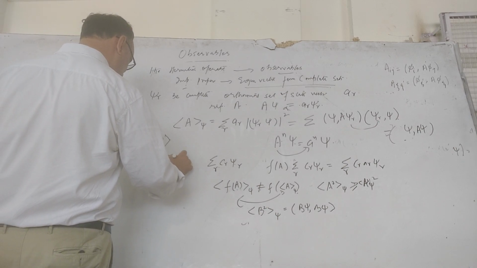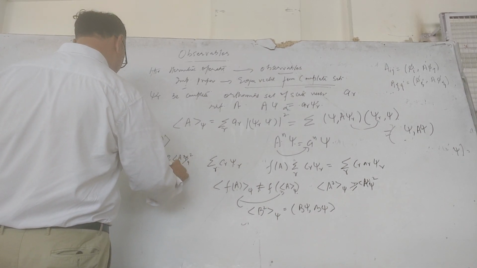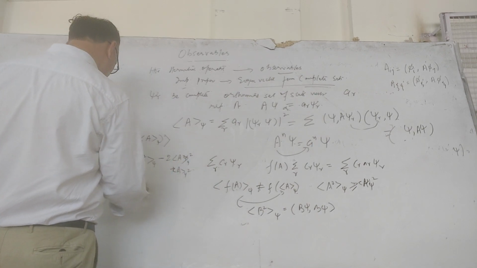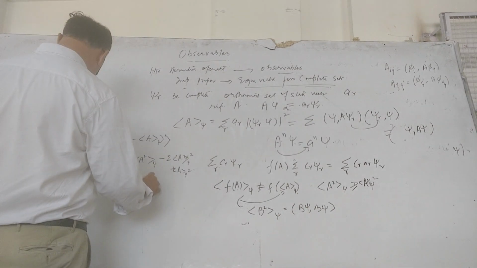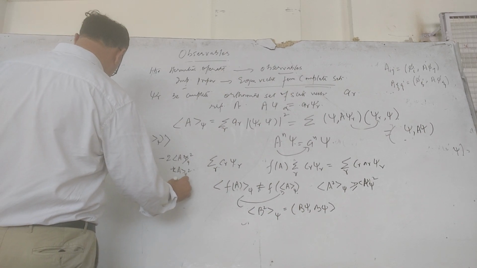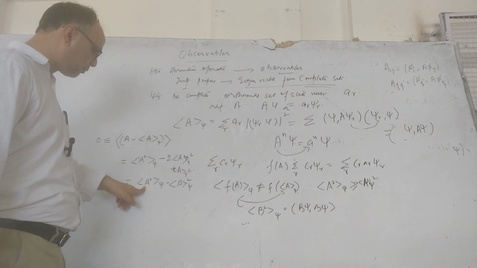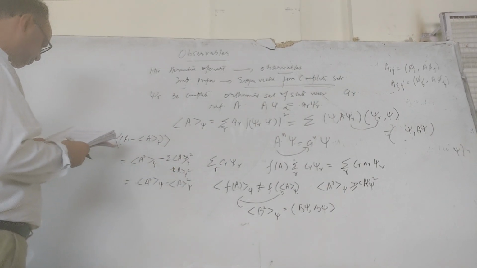You can also write it like this: the expectation of A squared plus the square of the expectation of A, minus twice the square of the expectation, which will be the expectation of A squared minus the square of the expectation of A. So it's the square of the operator minus the square of the expectation value of the operator, the difference of the two.